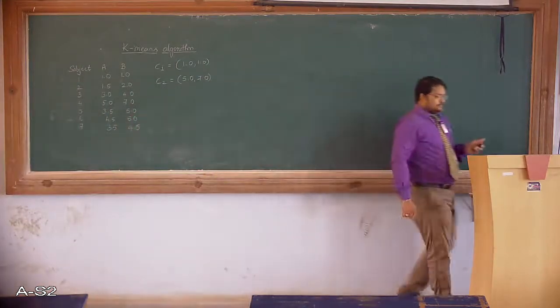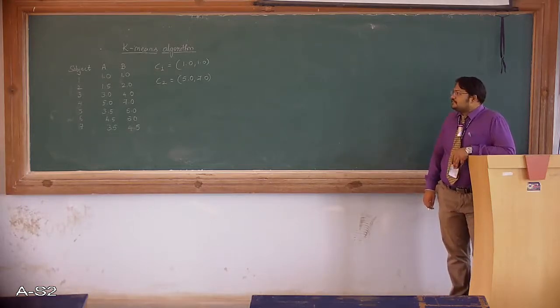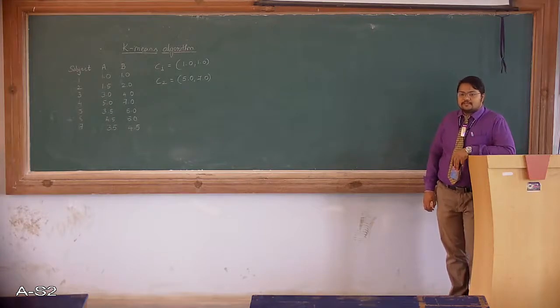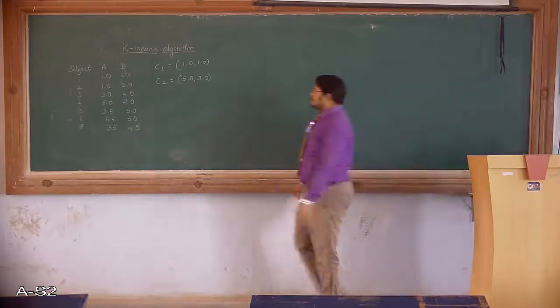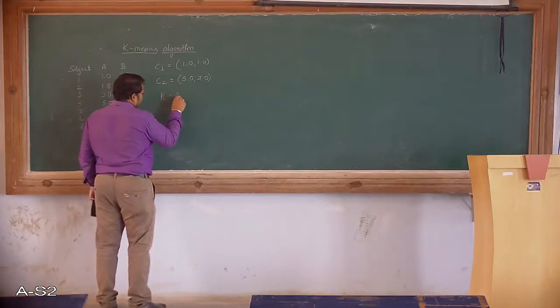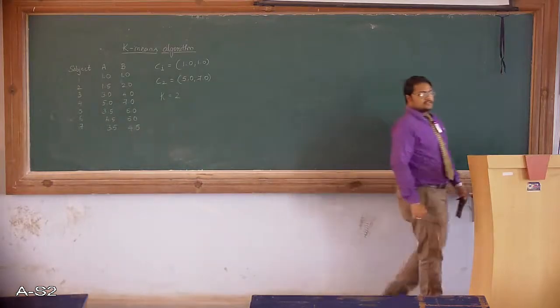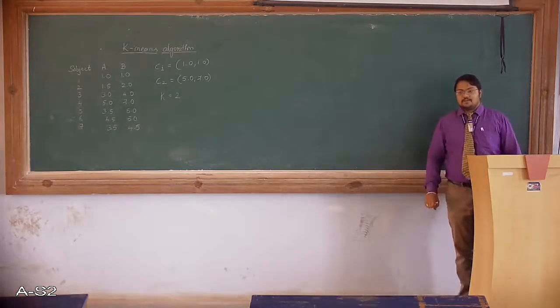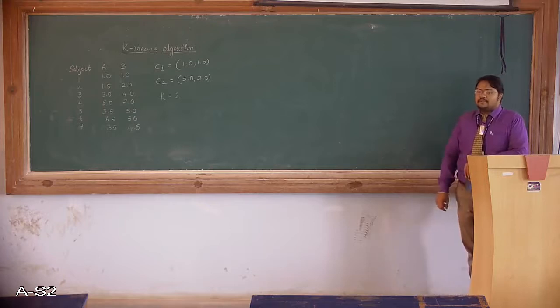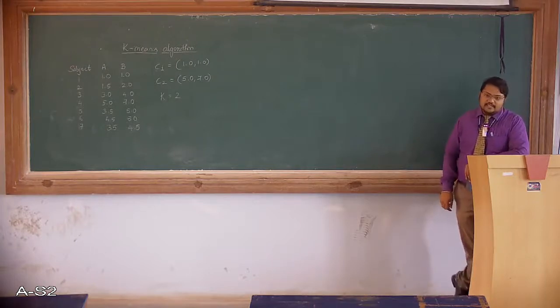Now, what does the algorithm say? Initially, we need to have the number of clusters. Here the number of clusters we are selecting is 2, which means the value of k is 2. The first step is to select the number of clusters you want to classify into. Next, pick k seeds as centroids.